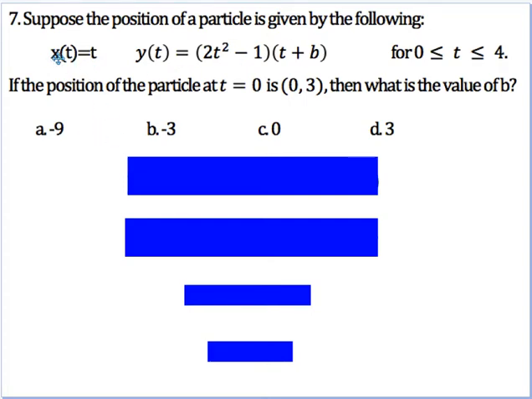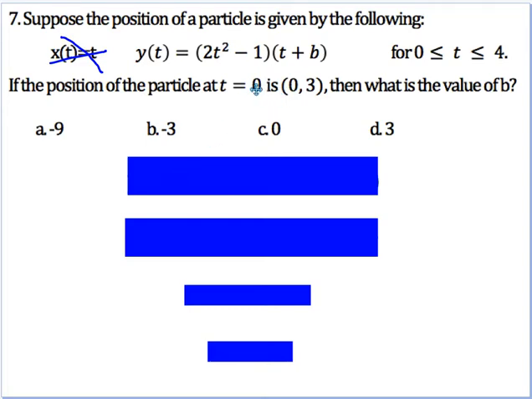So right now, x equals t and t equals 0. Dealing with this equation is not going to help me at all to find b, since b is in the y equation. So I'm only going to deal with the y equation. I really don't need this at all. So in the y equation, I'm going to plug in what I know and solve for what I don't know.